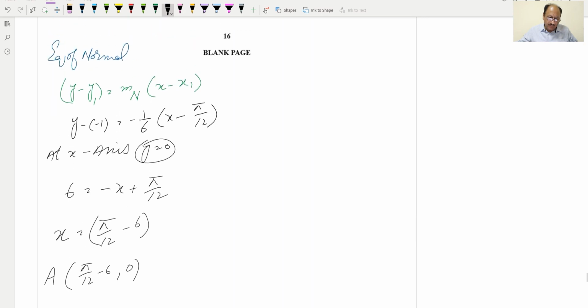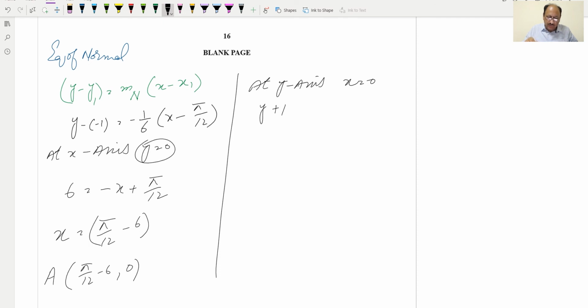Now we can find the B point, and for the B point we will write at the y-axis x will be equal to 0. So in the same equation we will replace x with 0.